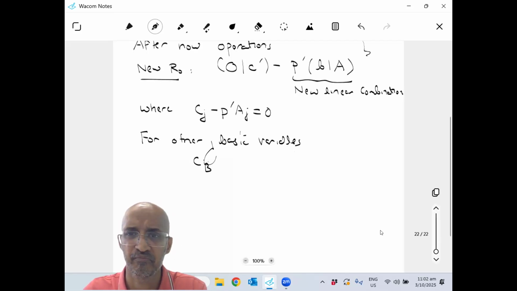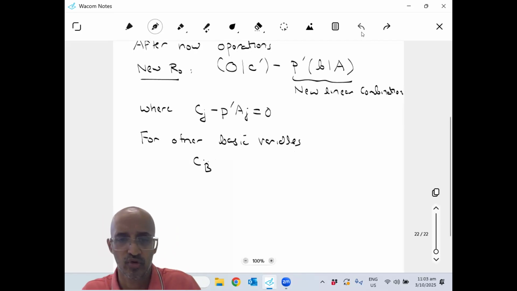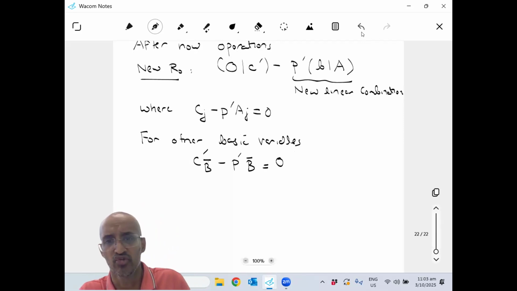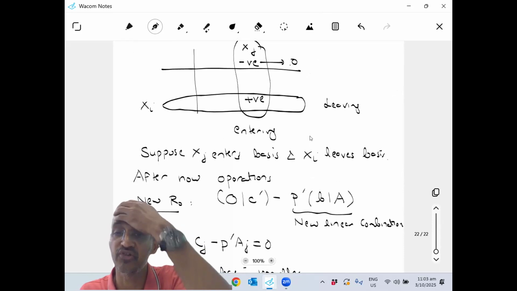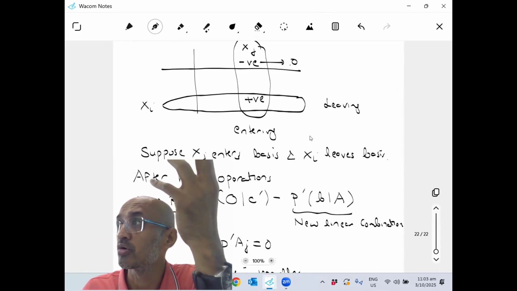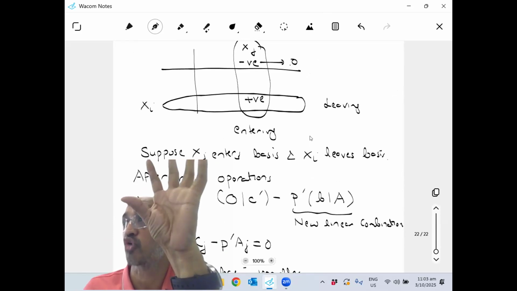For all the remaining basic variables, this cost minus P transpose times the basic variables, those all became basically zero. So we don't change. For the remaining basic variables, those values remain at zero, because basic variables will always have a zero reduced cost.